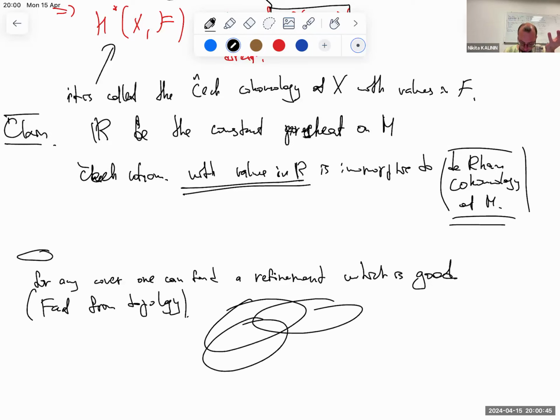So you initially have a cover, and then for any point you find a small disk inside a certain element, and then this cover by small disks is a good cover. Okay, so that was what I wanted to tell you about Czech homology.